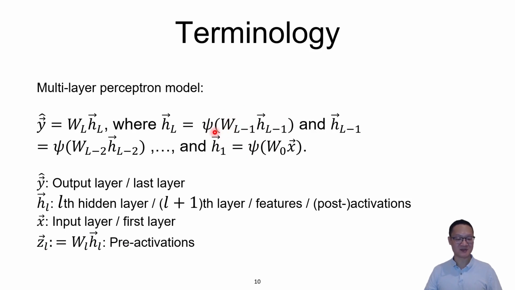We haven't applied psi. Okay, and then h is also called the post-activations because we get h after applying psi. And as we talked about previously, h is also called the features, right? These are the learnable features which motivated the multi-layer perceptron architecture.